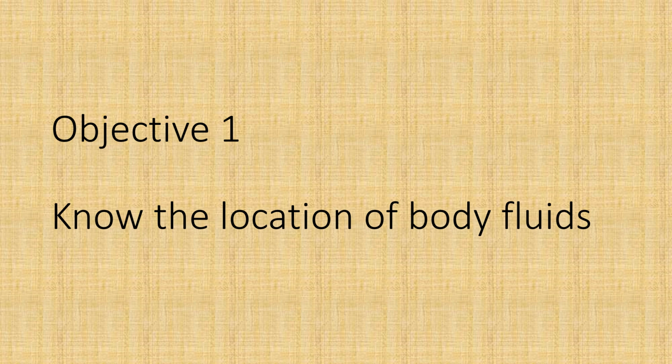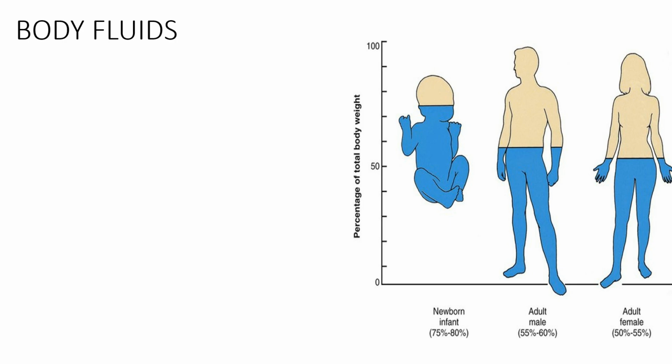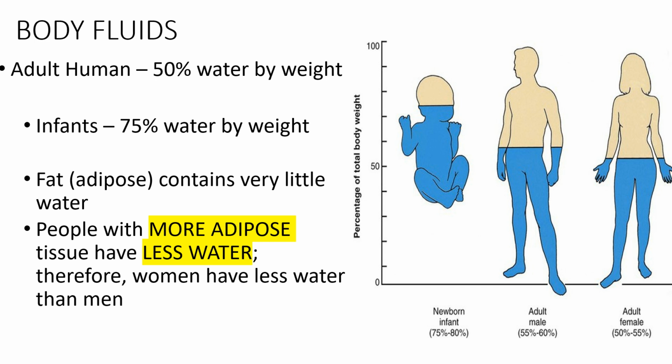Okay, so where are the body fluids in the body? Where are they at? An adult human is going to have 50% water by weight, roughly. Infants are going to have a larger percentage of water in the body. Fat contains very little water.